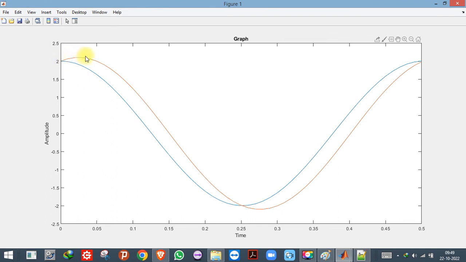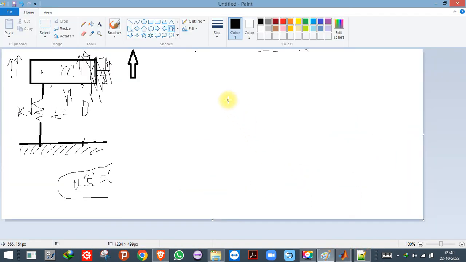When the velocity was 8, if you try to understand how the curve has started, it has started something like this, isn't it? And when the velocity was less, 0.1, it is starting like this.